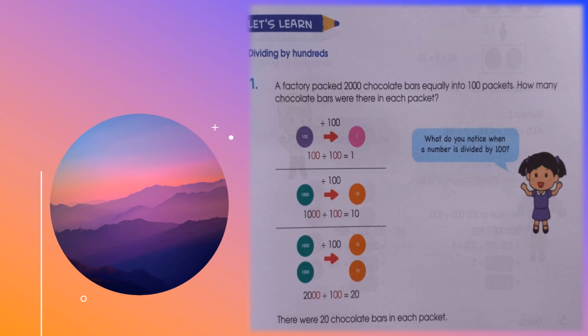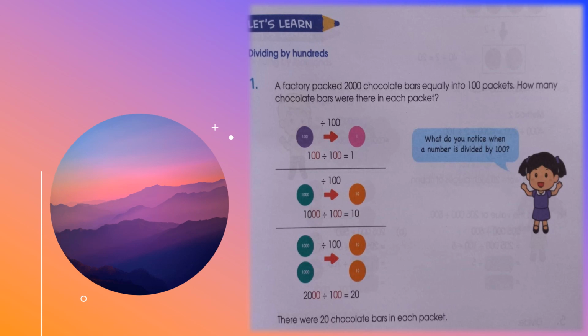But first, we are going to understand the basic concept that whenever 100 is divided by 100, the answer is 1, because in division the zeros cancel out the zeros. Similarly, if we divide 1000 by 100, the answer is 10, as 2 zeros will be cancelled out.